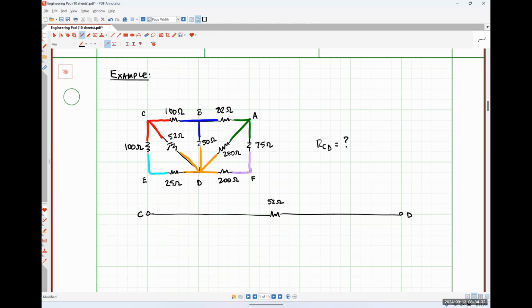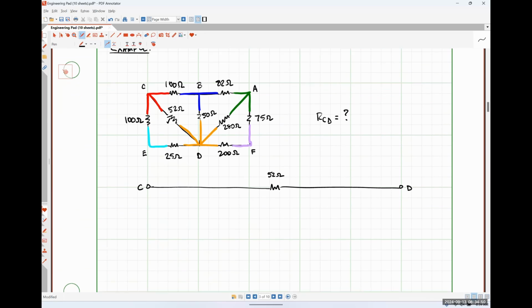Okay. Now, is there another way that I can go from node C to node D? Well, yeah, there's several different ways. I typically choose the shortest way next, which to me looks like I would need to go down through node E and then across to node D. So I'm going to put node E here in the middle of my page, and I'm going to go from C to E through the 100 ohm resistor, which is this guy right here.